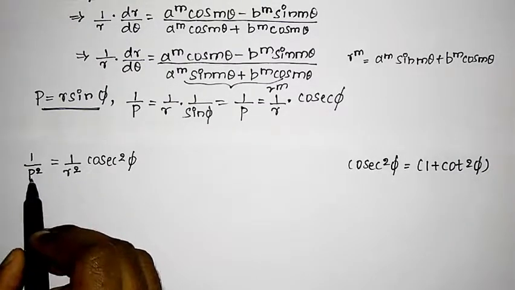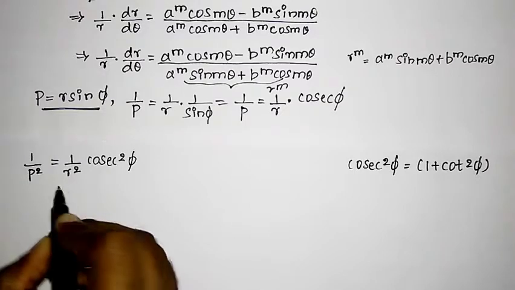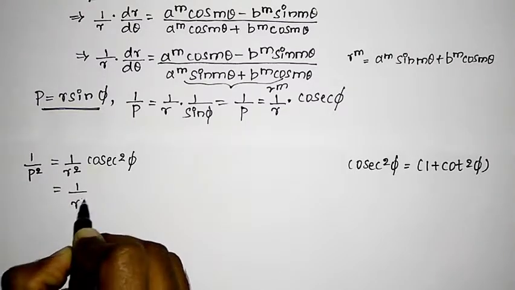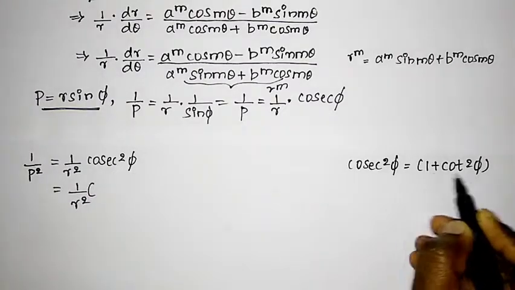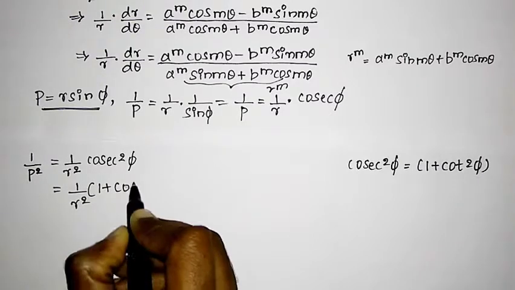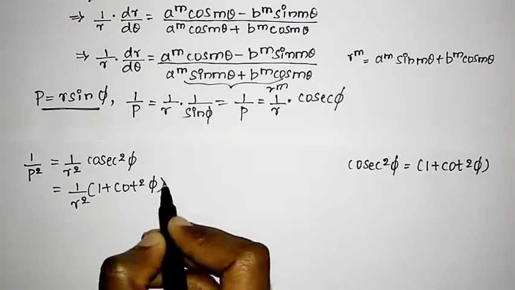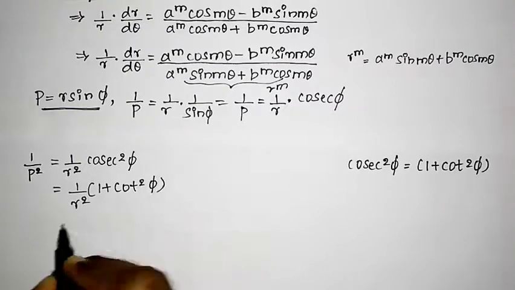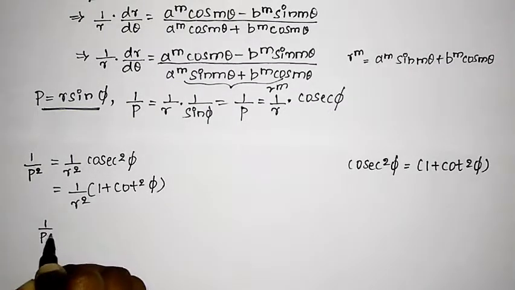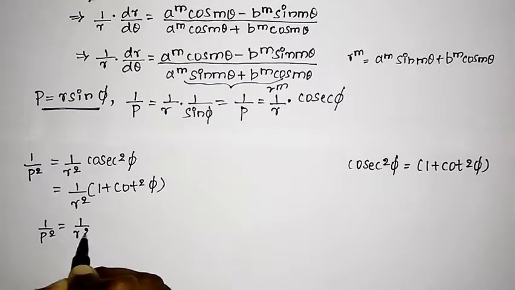So we can write 1 by p square is equal to 1 by r square into 1 plus cot square phi.